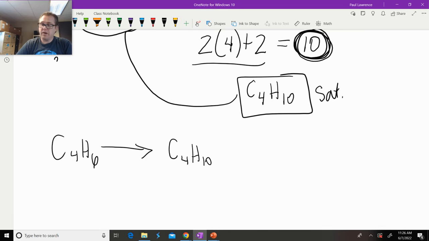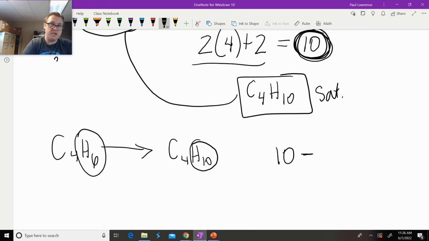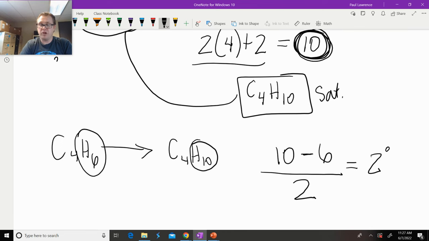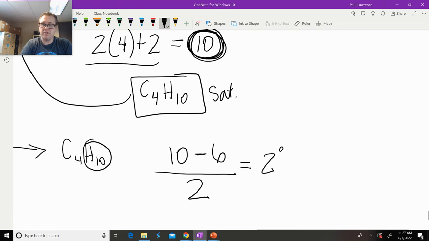And then you're going to take how many hydrogens there are. There's going to be 10 hydrogens here. So you're going to go 10 minus how many hydrogens you actually have, which is 6. And then you're going to divide it by 2. And what does that equal? 10 minus 6 is 4 divided by 2, so that would be 2 degrees of unsaturation.